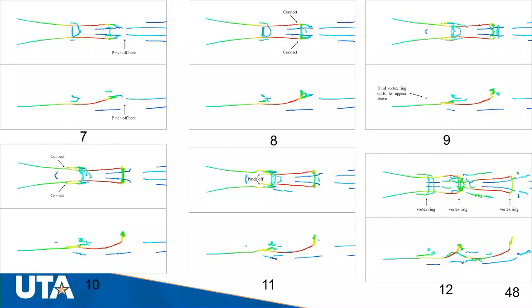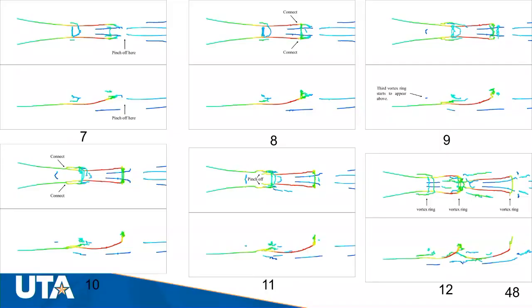So the first ring separates from its original body, right? A separate ring goes up, and then another, the third vortex ring, forms, and this is the side view. So this ring is somewhat higher than this ring.